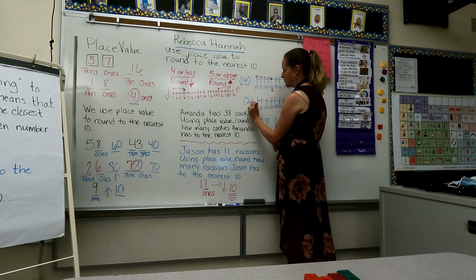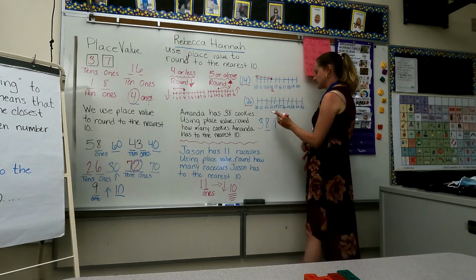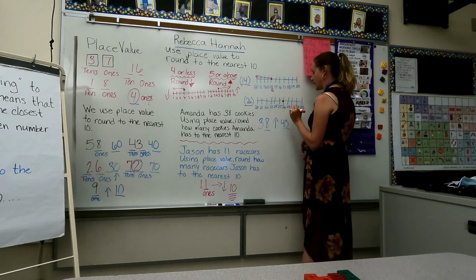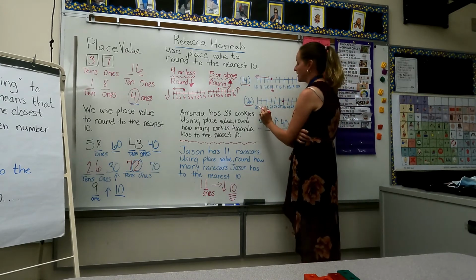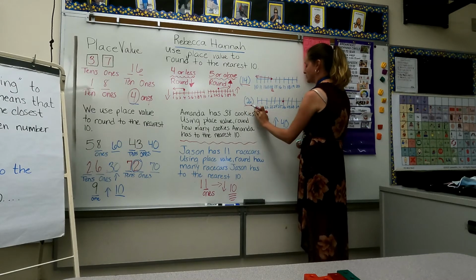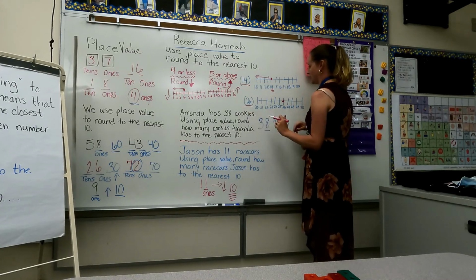In this next problem, we have the number 26. We'll go ahead and bubble the number 26 in on our line graph, and we are trying to decide if 26 is closer to 20 or 30.